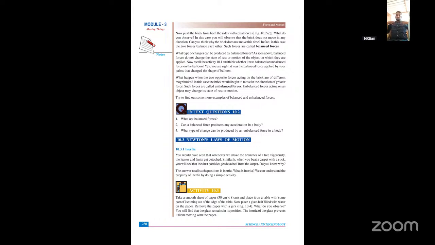Because when the car is at rest, we were at a stationary position. But when the car starts to move, our lower body is with the car, but the upper body is at rest, and it will resist the motion. That's why we are going in a backward direction. Guys, did you understand? Yes, sir.